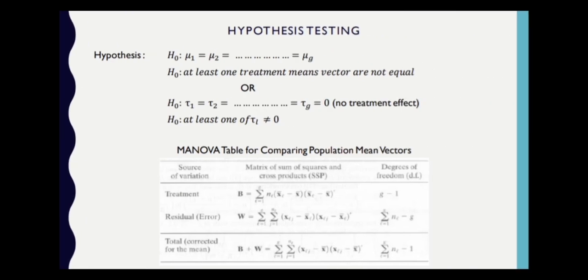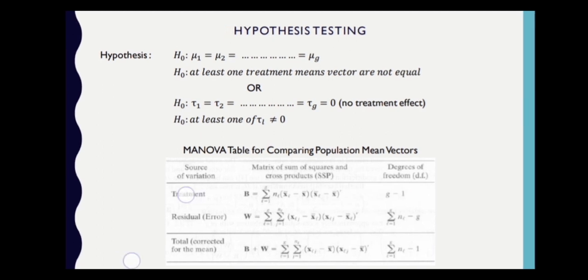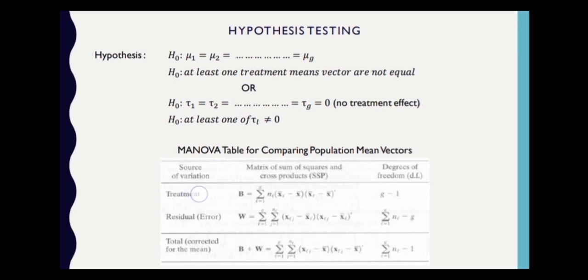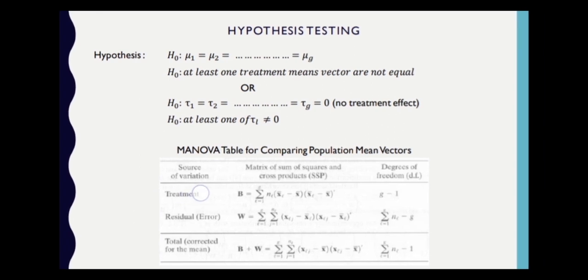Alright. Okay, we go to the hypothesis testing. Tadi I dah ceritakan dia punya assumption of the multivariate one-way MANOVA. Tadi kita ada 3 assumption kan, page 296 tadi kan, 3 assumption that I have told you.